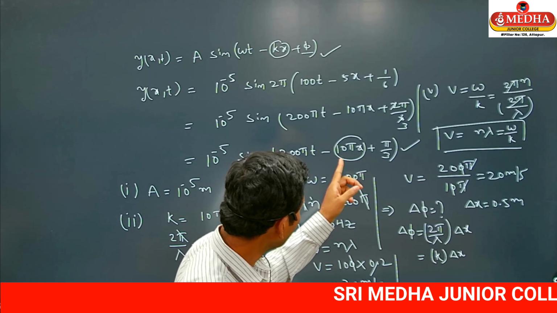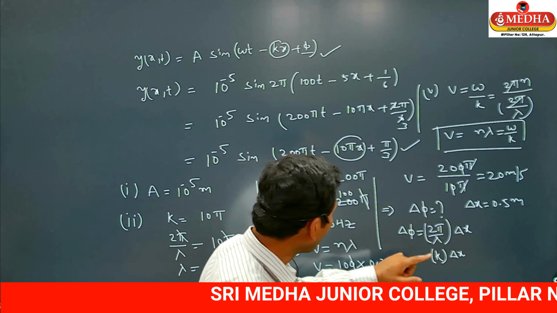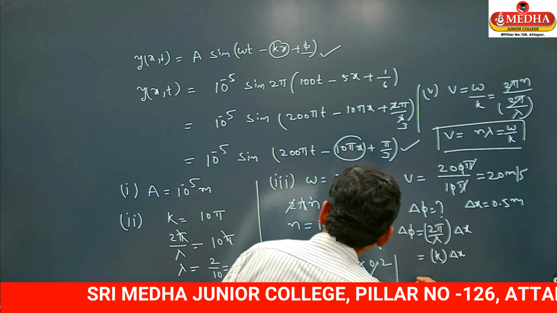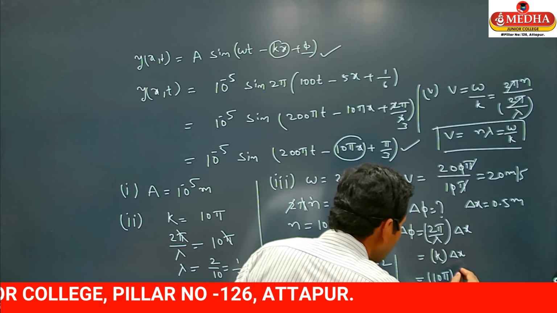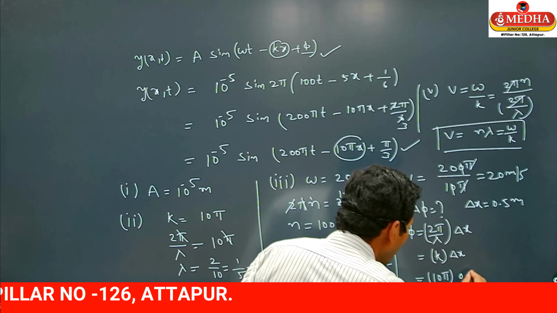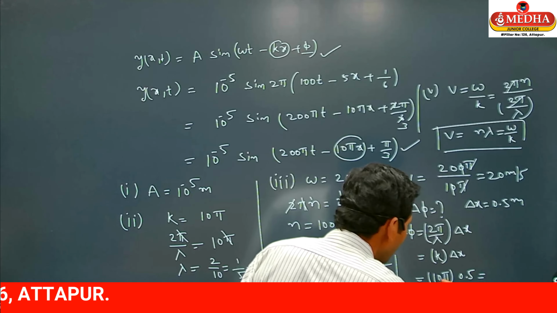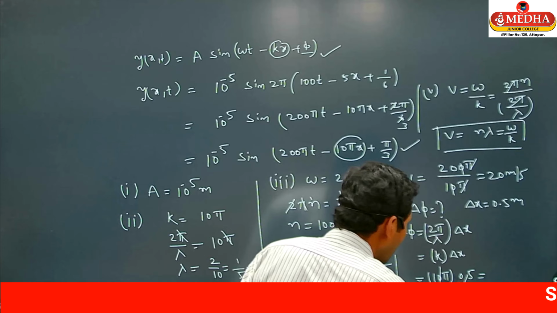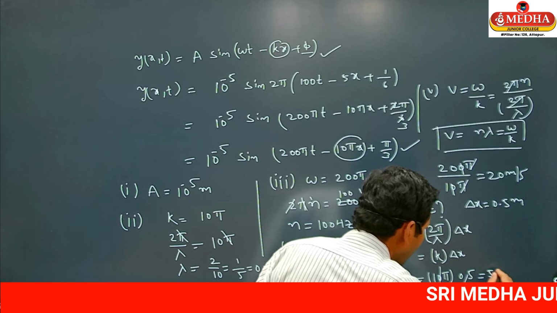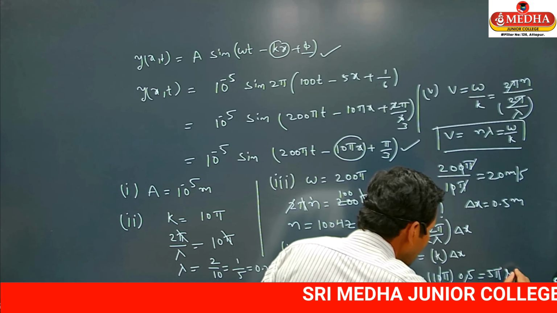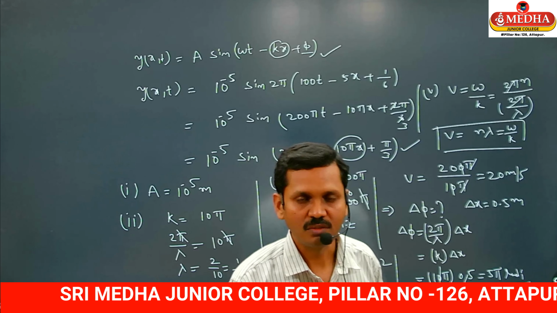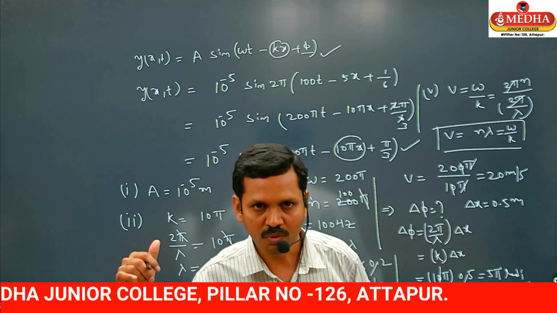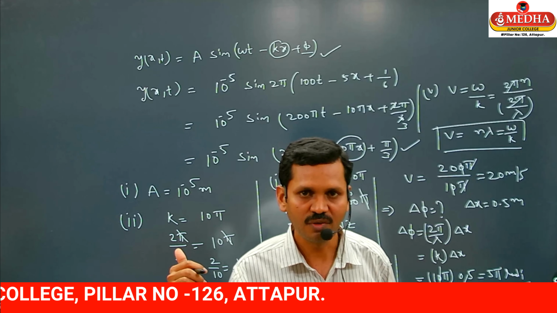How much is the x coefficient given here? 10 pi. In place of 2 pi by lambda, I am substituting 10 pi, and the path difference 0.5 is given, which is equal to 5 pi radians. This is the phase difference between the two particles. So in this way we can use the traveling wave equation.